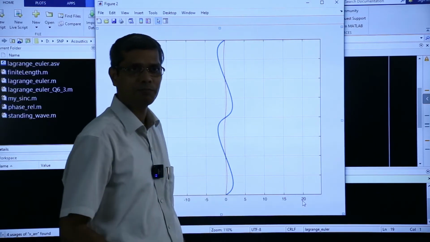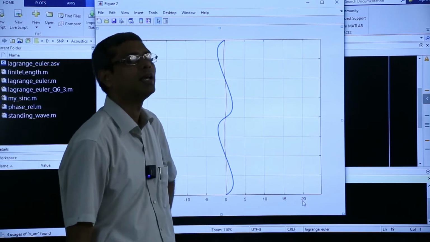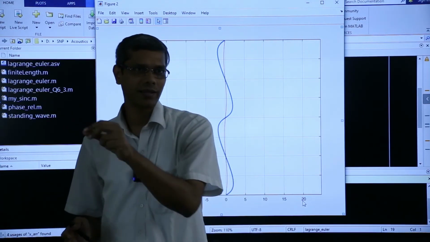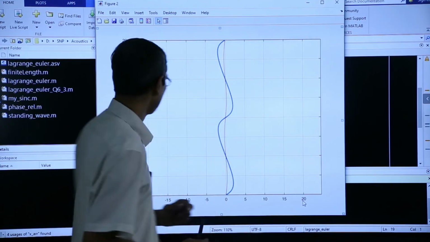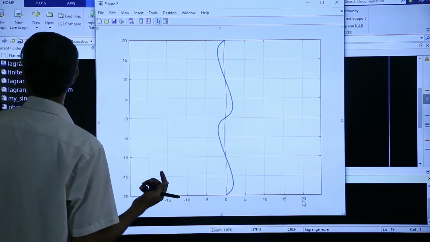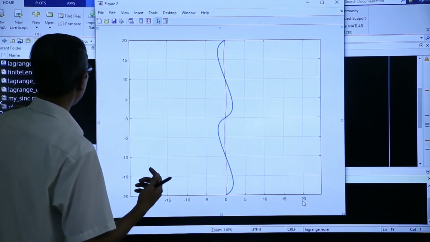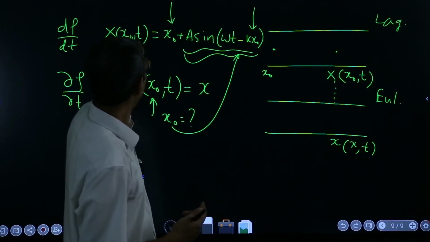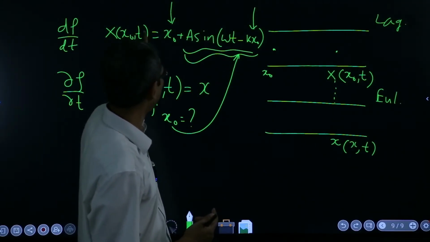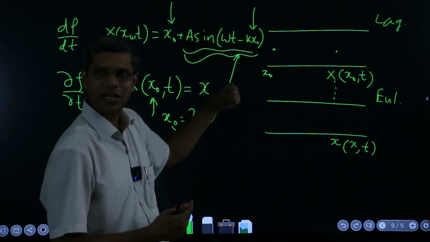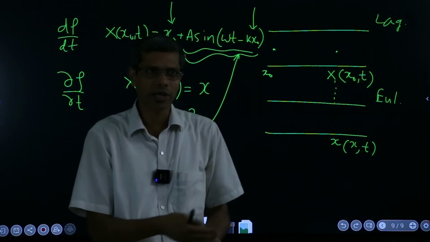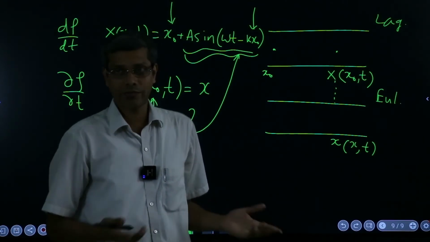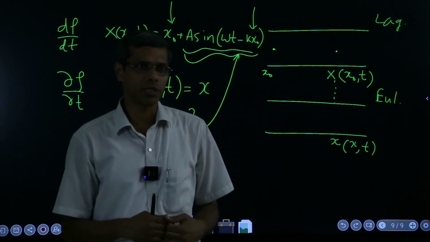You are telling that Eulerian one is easier to get experimentally. Yes, because you are sitting at a location, you are not moving with that, right? If you consider the Lagrangian picture, to get the displacement of different particles, you will have to sit on different particles and move along with those different curves, and it's difficult to do experimentally.